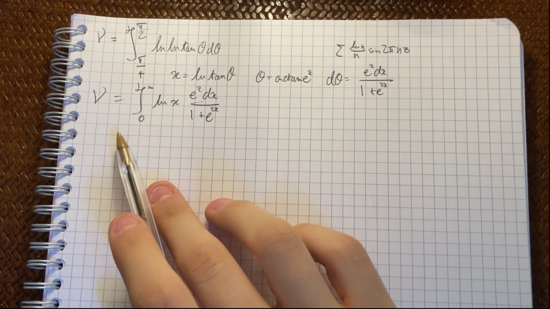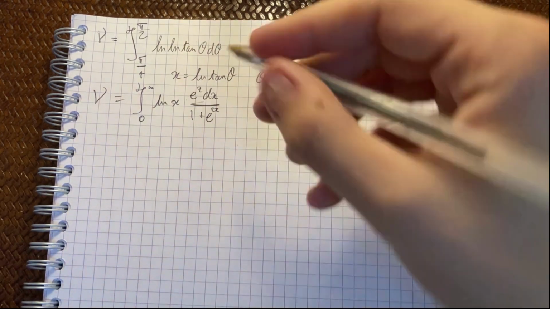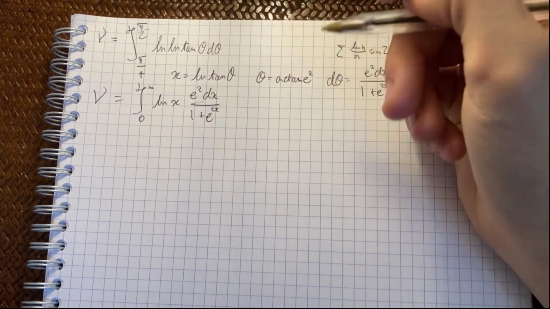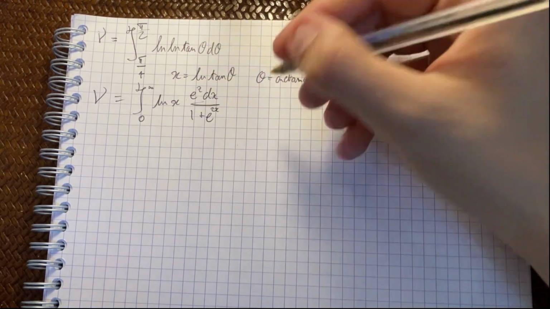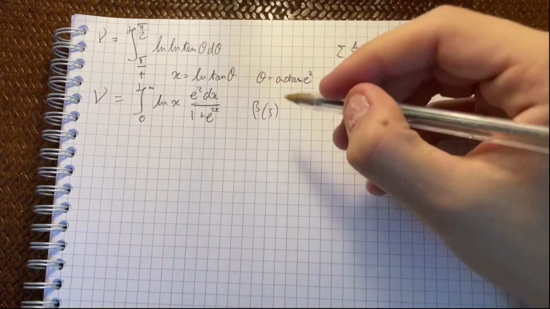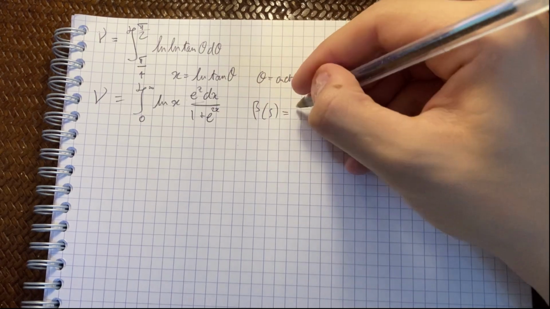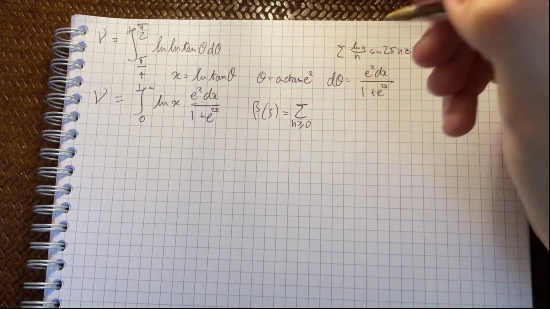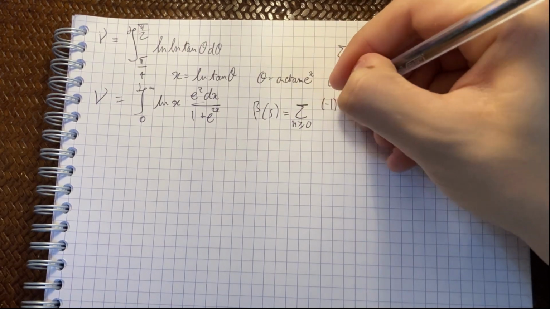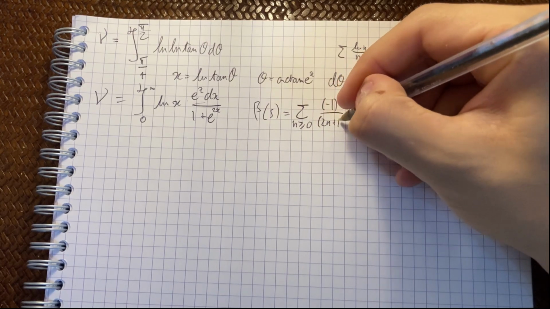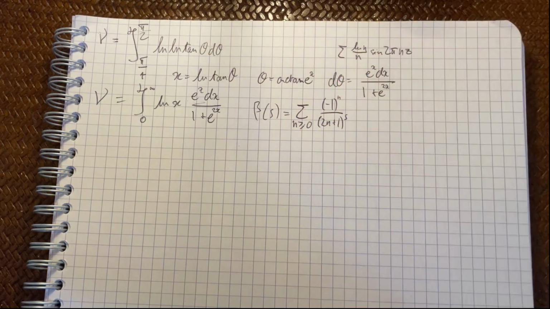Now let's introduce a special function called the beta function, but the smaller beta function, which is a Dirichlet function defined for one argument, let's say s, by the summation for n greater or equal to 0 of negative 1 to the nth power divided by 2n plus 1 to the s power.